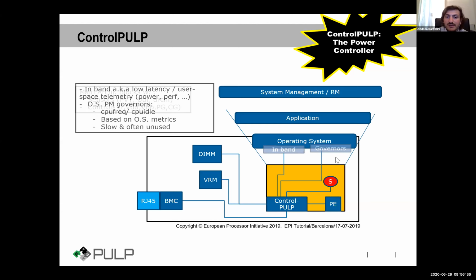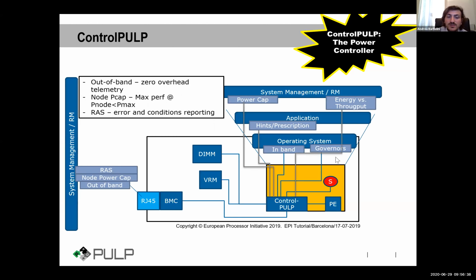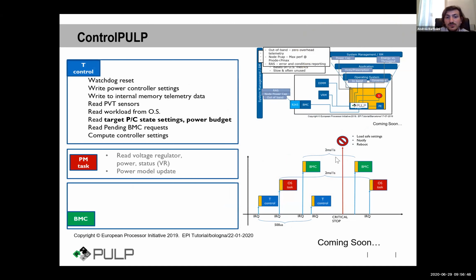So ControlPULP is designed to support all these interfaces and to handle the operating point of your many core systems in the high performance computing domain. And this is done by also having a firmware which really allows you to do all these tasks efficiently.